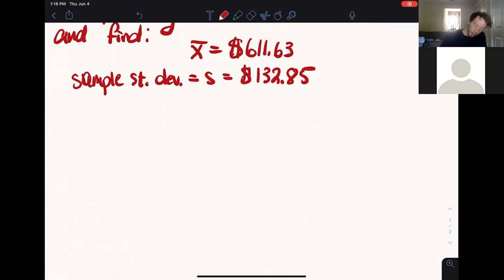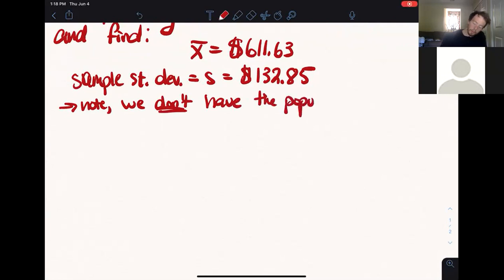So something to note here, we don't have the population standard deviation. And this is something I think some of you noticed, that I've sort of been sidestepping.